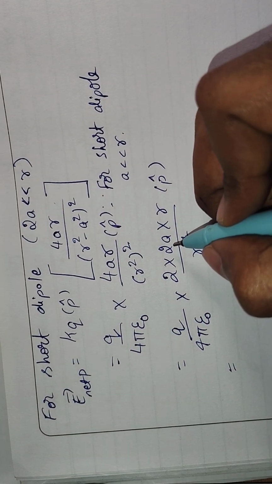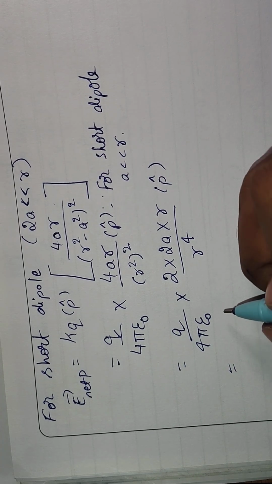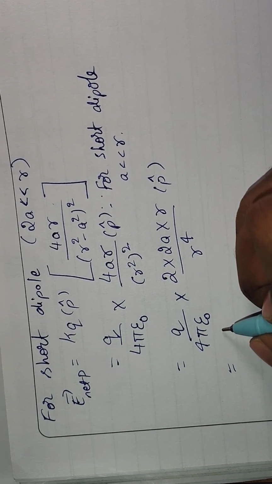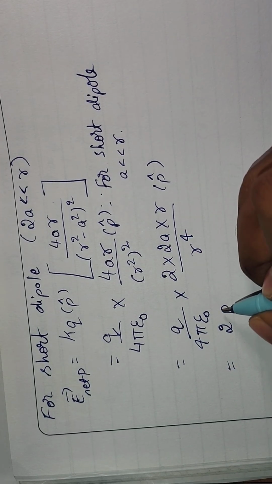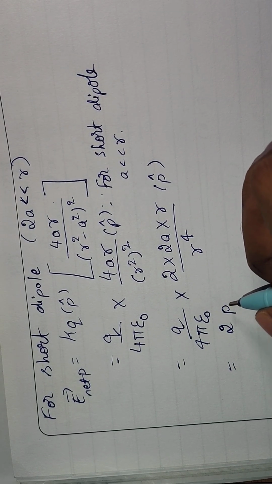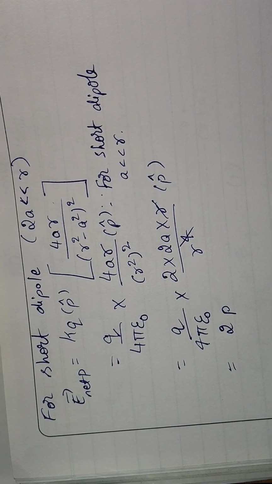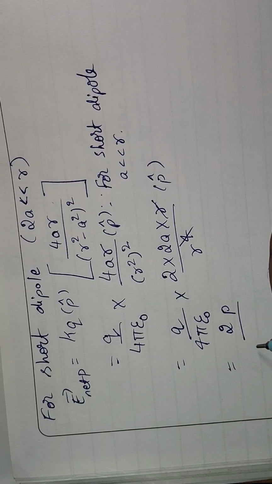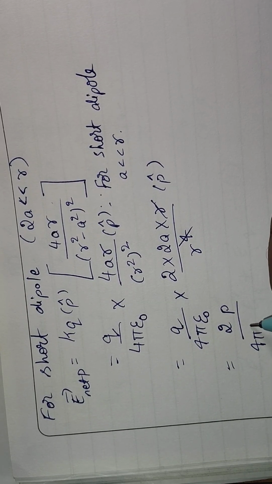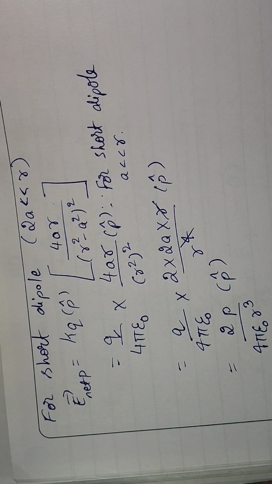Okay, now what is this one? Q into 2a, that is nothing but your electric dipole moment. So take this 2 outside, this q multiplied by 2a, I will write as electric dipole moment p, times r, and r cube, r power 4 will get cancelled, so 2p divided by 4 pi epsilon naught by r cube into p cap.